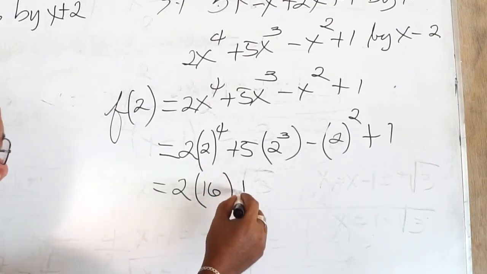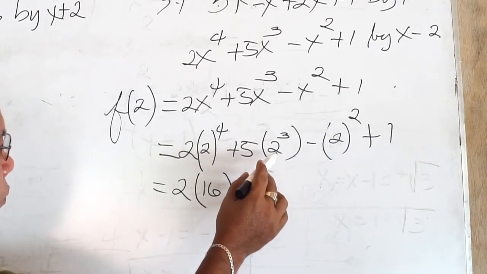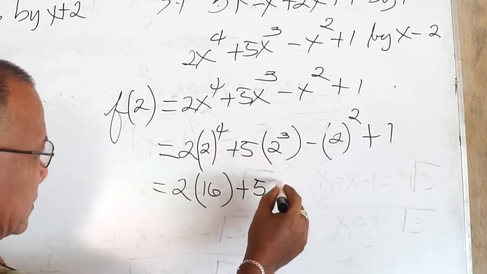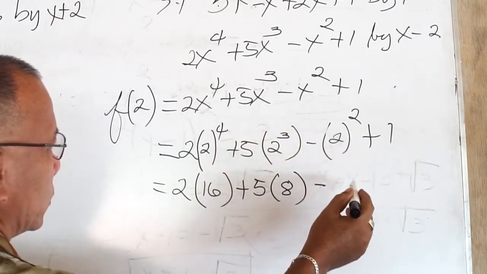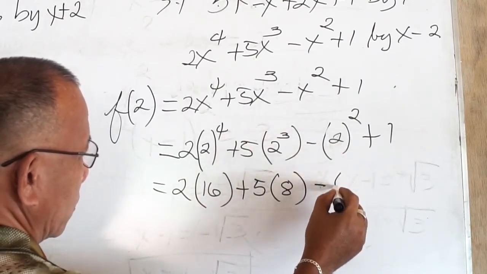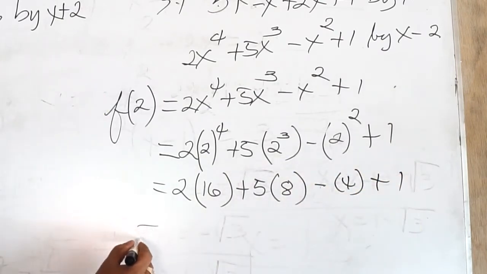Then plus 5 times the cube of 2, which is 8. Then the square of 2 is 4. Then positive 1. Then simplify.